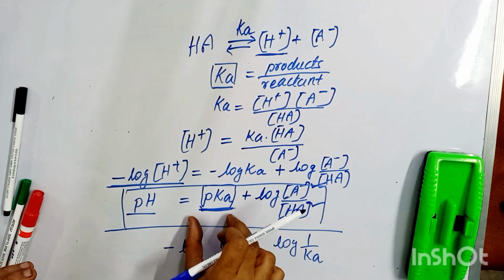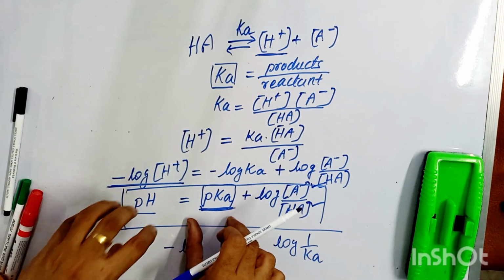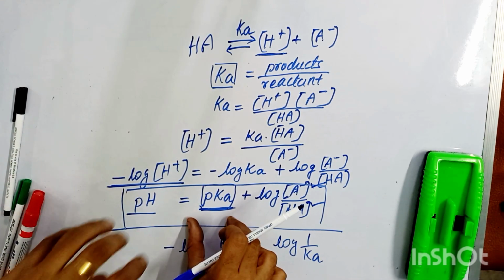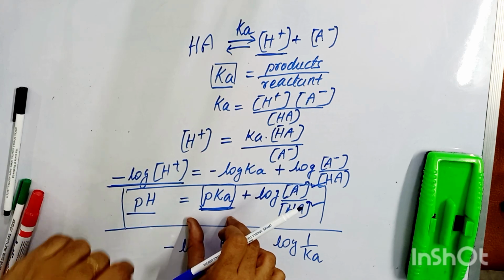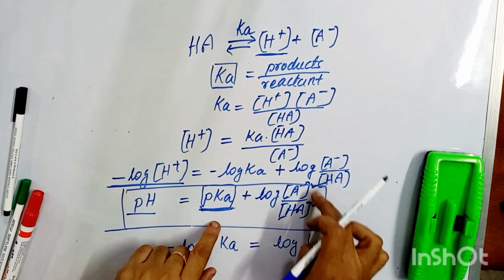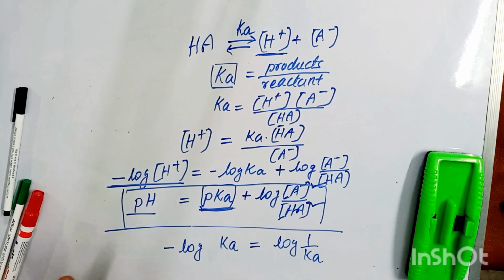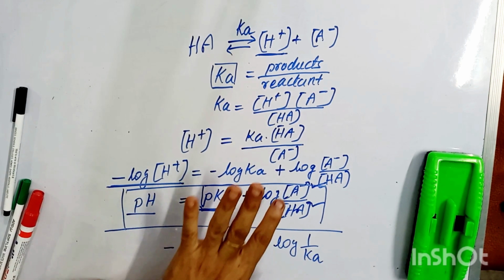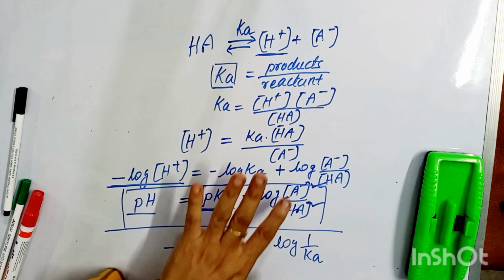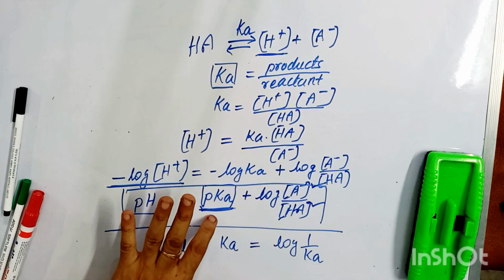So the pH at which the acid goes into the 50-50 dissociated form is the pKa value of that acid.